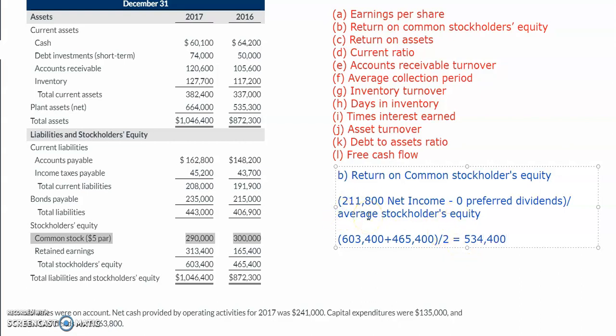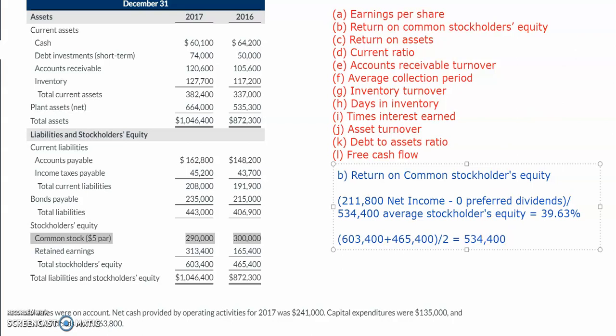So in my formula, I'm going to put in 534,400. So that means that my return on common stockholders' equity is going to be 39.63%. Okay. So how does my net income get divided by the total dollars invested from the stockholders? So we have 39.63%.